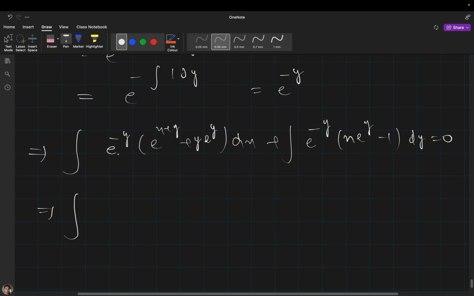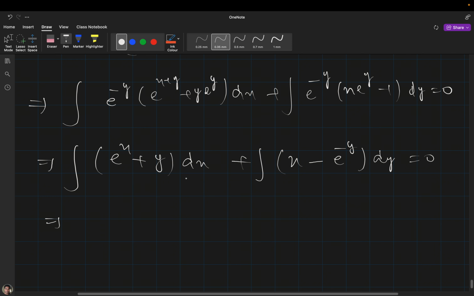Now when you take the factor inside, you will get e^x dx plus y dx in the first term, and in the second term you will get x minus e^(−y) dy equal to 0.